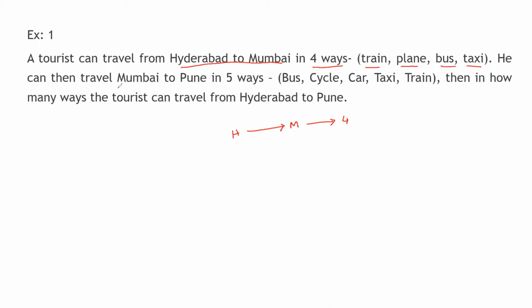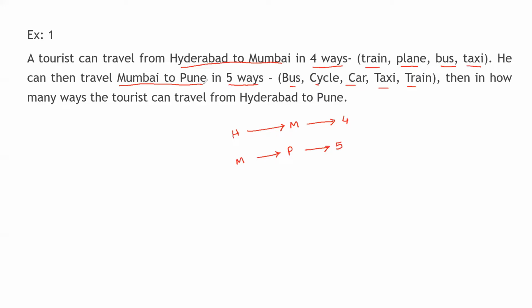He can then travel from Mumbai to Pune in 5 different ways. What are the ways? Bus, cycle, car, taxi, and train.